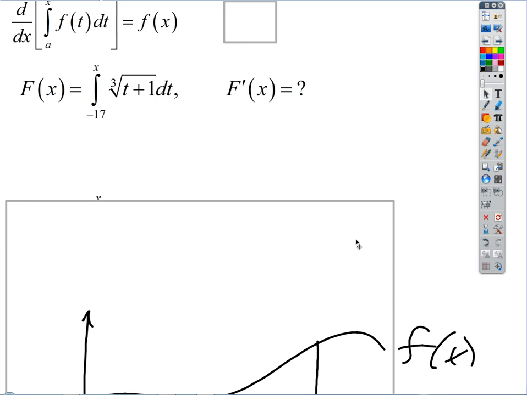Differentiating the area function with respect to x, so f prime of x is the derivative of that. What's our little trick?